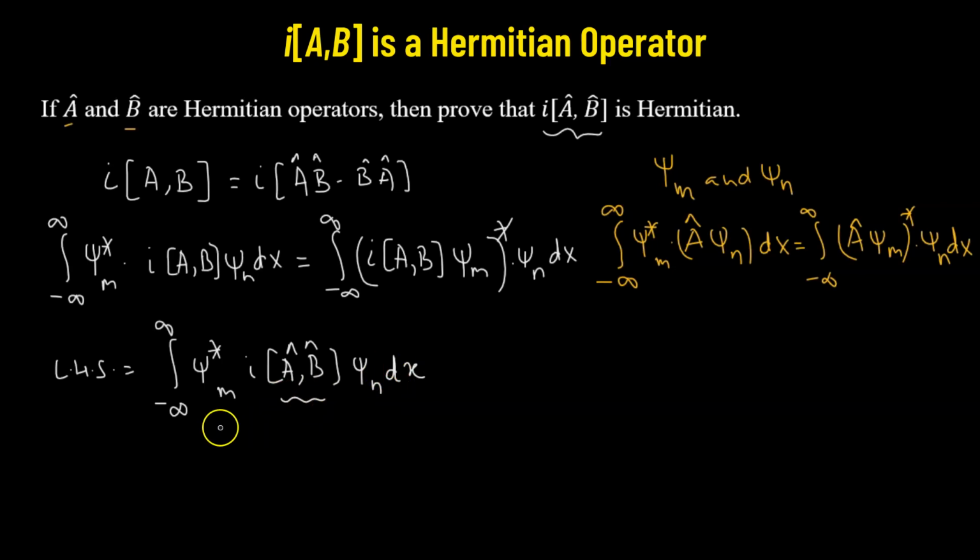Now we're going to expand this. We have psi star m times i times (AB minus BA) operating on the eigenfunction psi n dx.